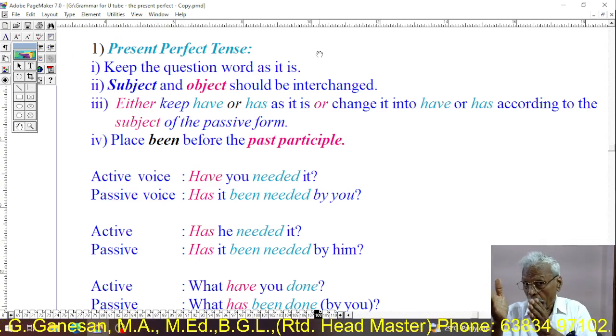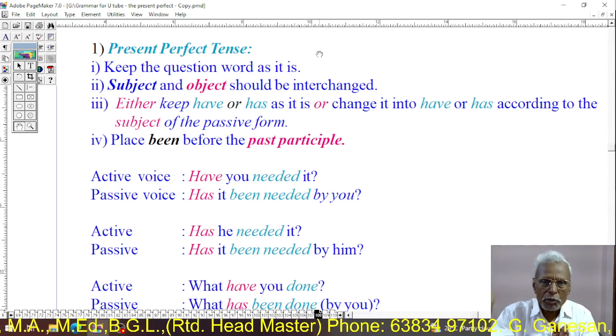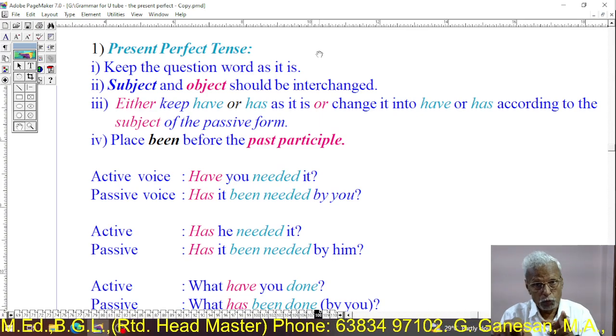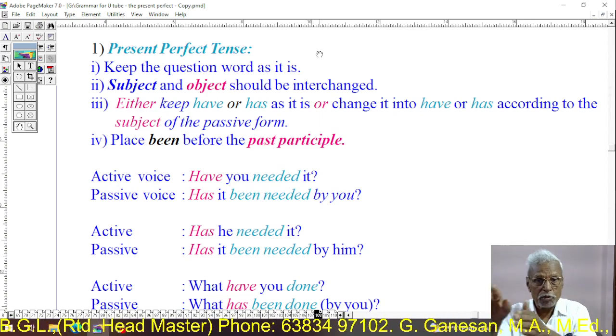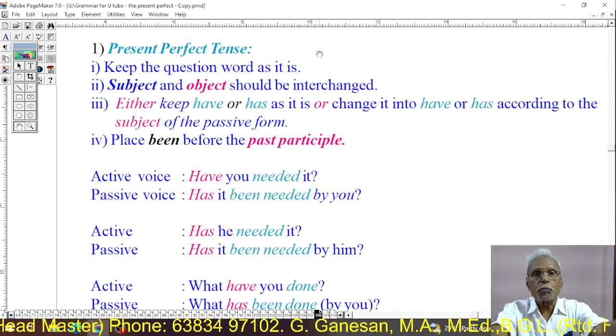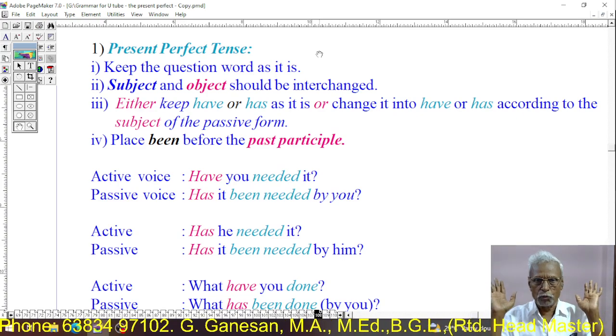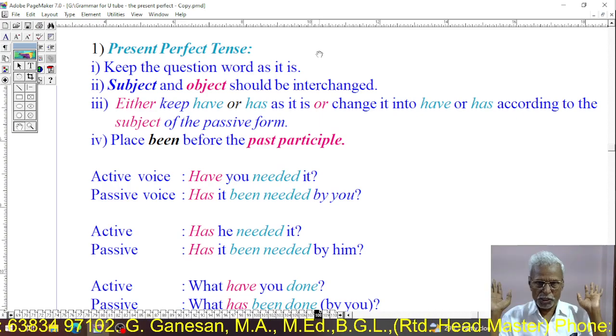Then the main thing here is that before the past participle, been should be placed. That's all. This is the only thing we have regarding perfect tenses.